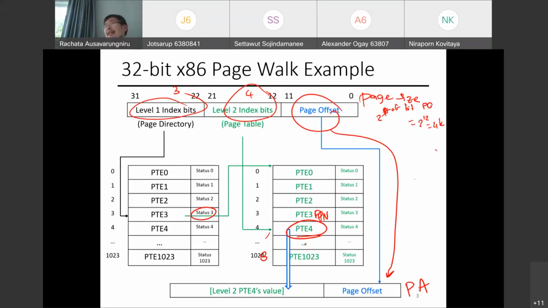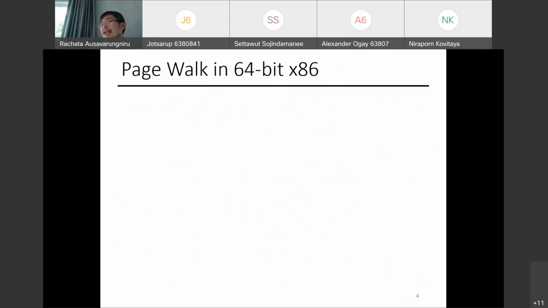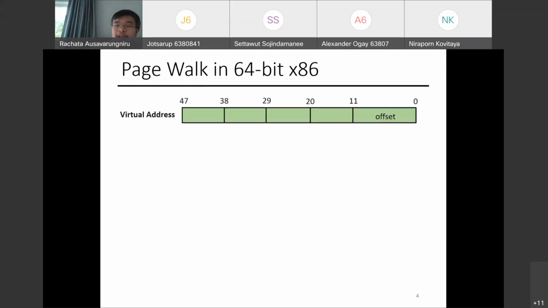The question we had earlier, why do we have 1024 entries, is a perfect question that goes into the 64-bit x86 page walk. For the 64-bit x86 page walk, you have the same 12-bit offset. With 12 bits is a 4 kilobyte page. But do you notice something different about the other 4 levels?